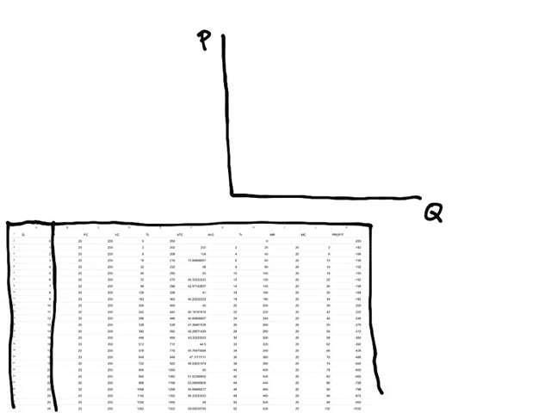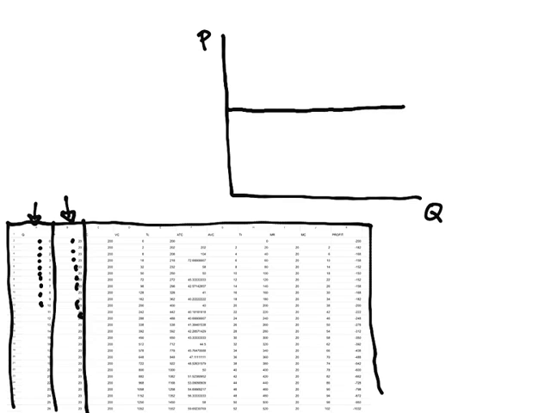So let's just focus on these two columns here, the quantity and price. If we notice that as quantity goes up, the price never changes. So we would draw that as a perfectly elastic demand curve.